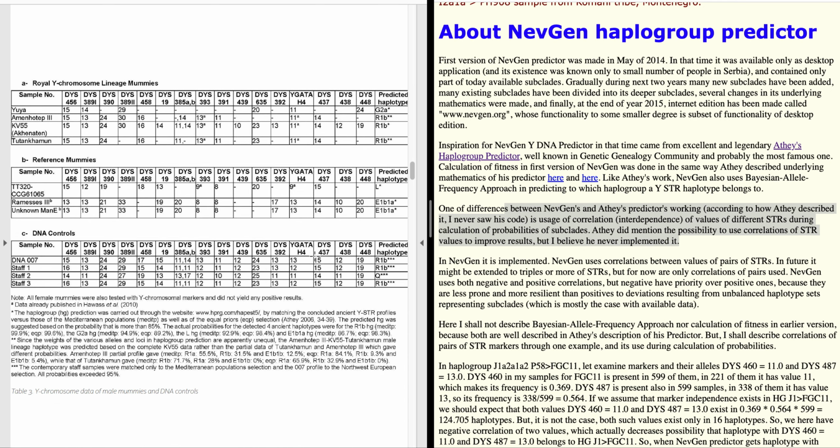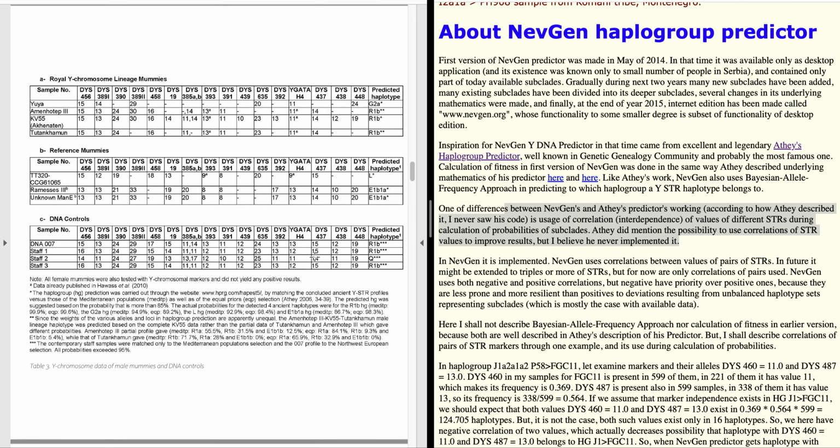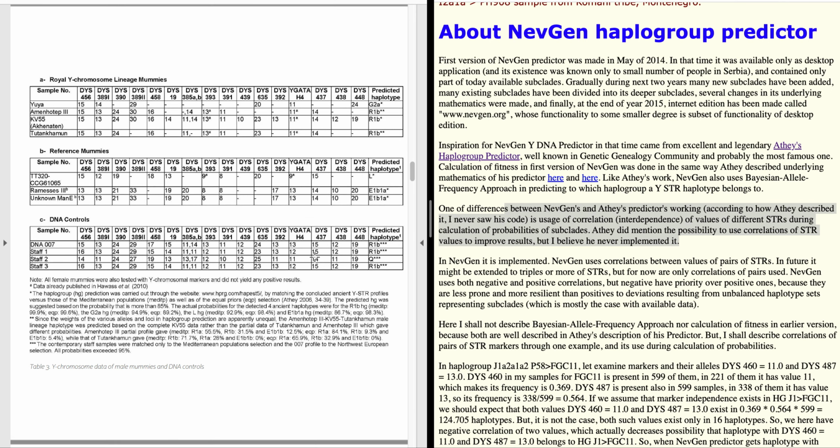So when you have marketing companies for DNA like 23andMe marketing that people who carry E-V38 or E-M2 or E1b1a are distant relatives of Ramses III, that's incorrect.